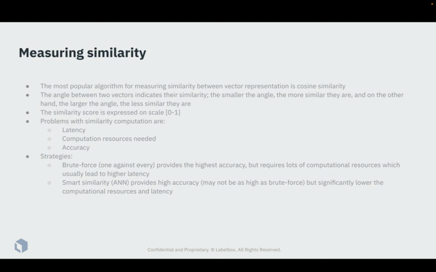In some cases, similarity results we get from the similarity algorithms might be very accurate, but in some cases they might not be. So those are the problems. Those are some of the characteristics that you want to account for when choosing the right strategy for conducting your similarity computation.